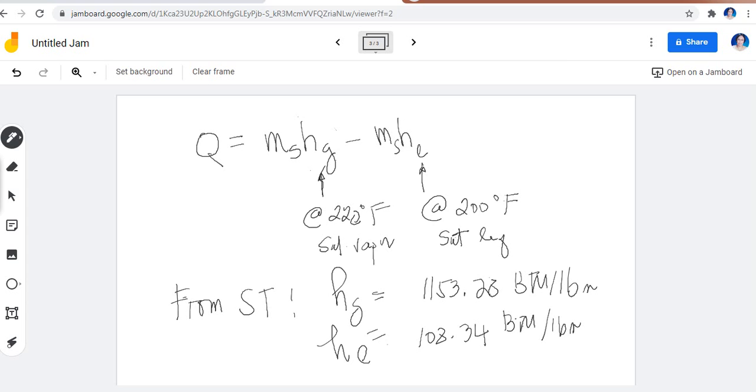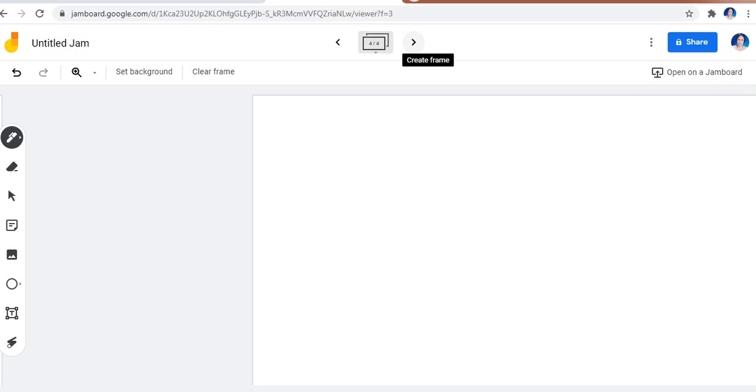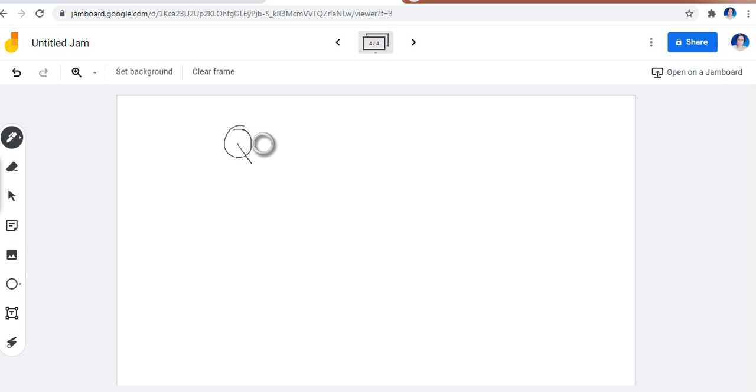Now if you substitute the two, you will be able to get the amount of steam that will be used in this process. Based on that particular formula, we have written Q is equal to M_s times (h_g minus h_l).